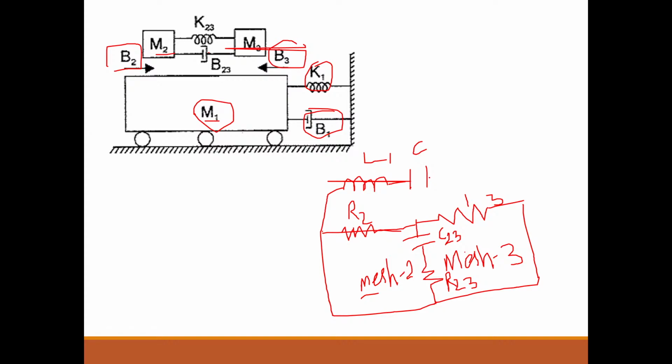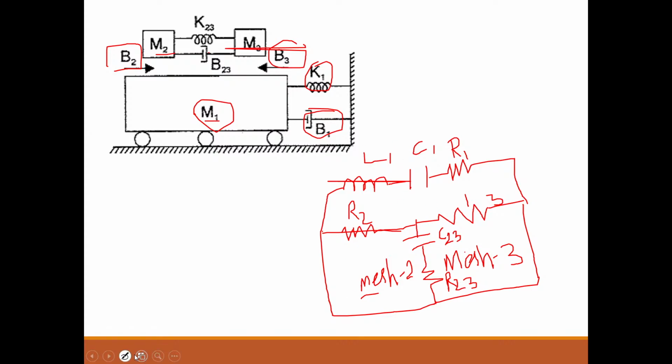Next one is B1. B1 means what? R1. So draw a resistor here. This is C1. This is R1. So these are the elements purely connected to mesh 1.